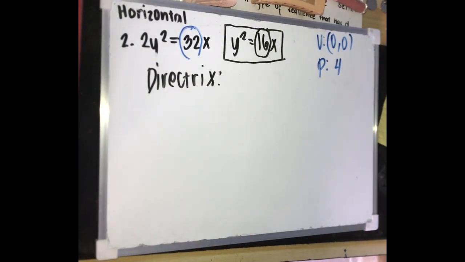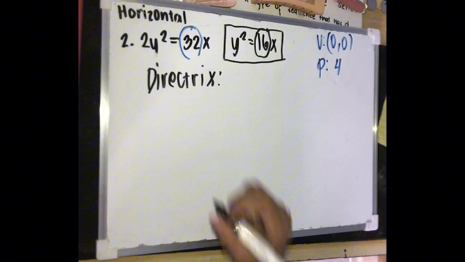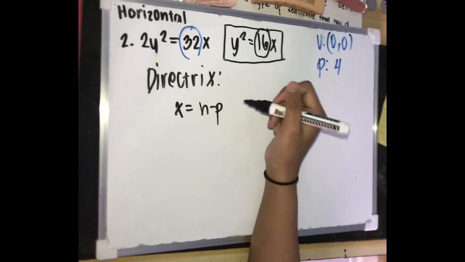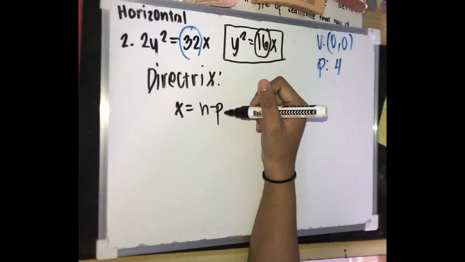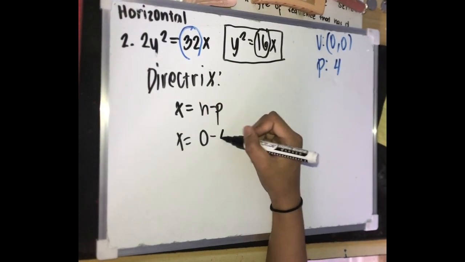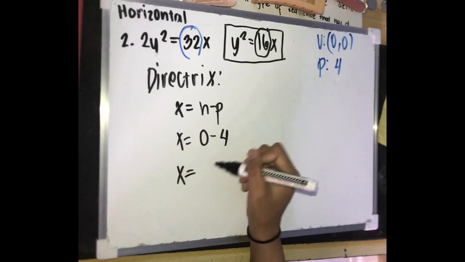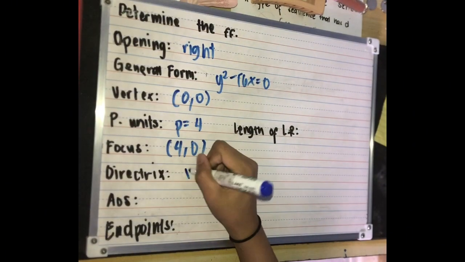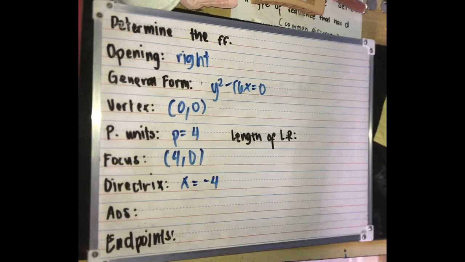So, to determine the directrix of this given, we're going to use the formula x equals h minus p, since this is to the right. So, our h is 0 and minus p, which is 4. So, our x is negative 4. So, this would be our answer. Directrix is x equals negative 4.